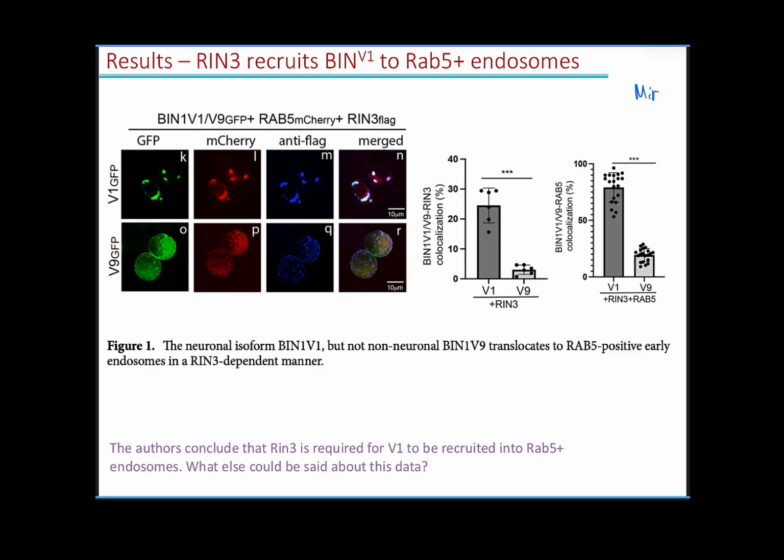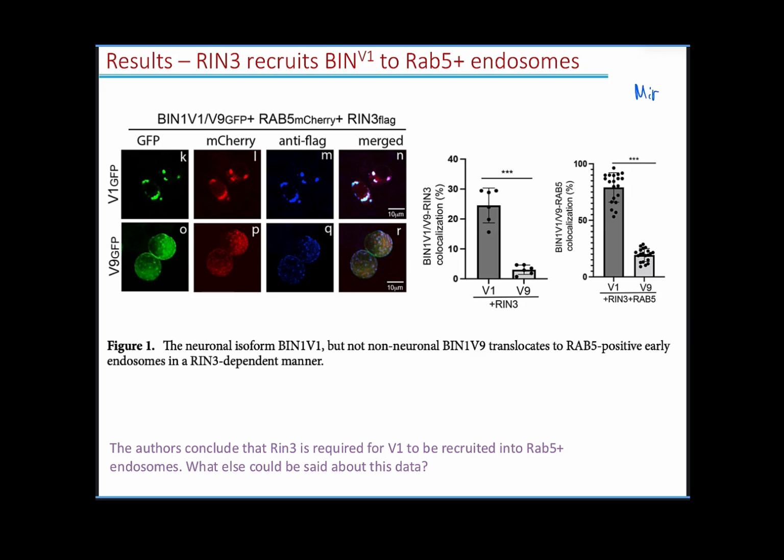These data are simply showing where these things are in cells, and the authors concluded that Rin3 brings V1 to Rab5 endosomes, but it cannot do that with V9. What I was asking you to do is maybe go a little further by looking at the data and see if we could say some additional things, all right? What you brought up is a mechanistic explanation of what they have already concluded.